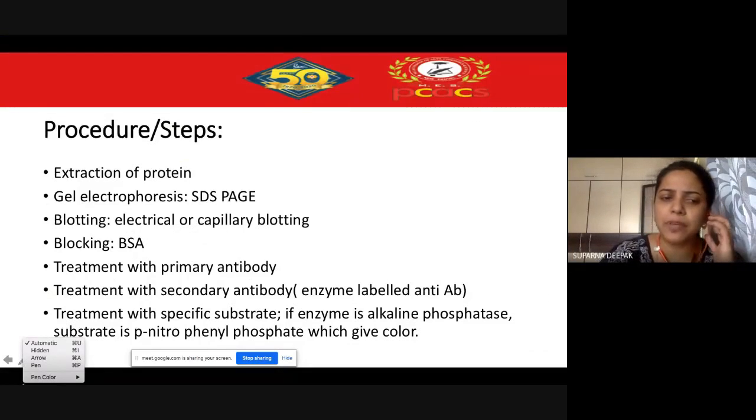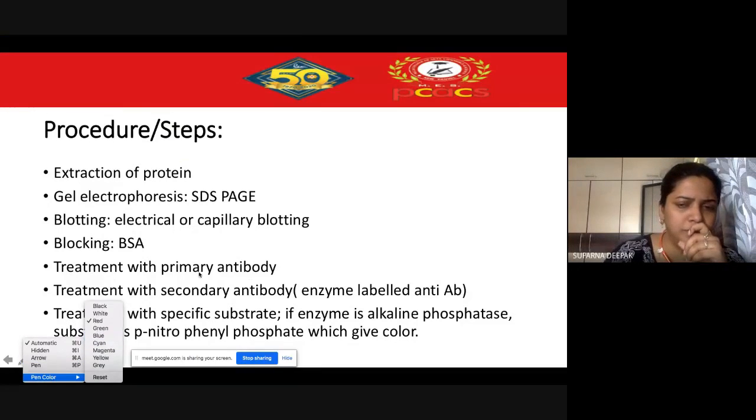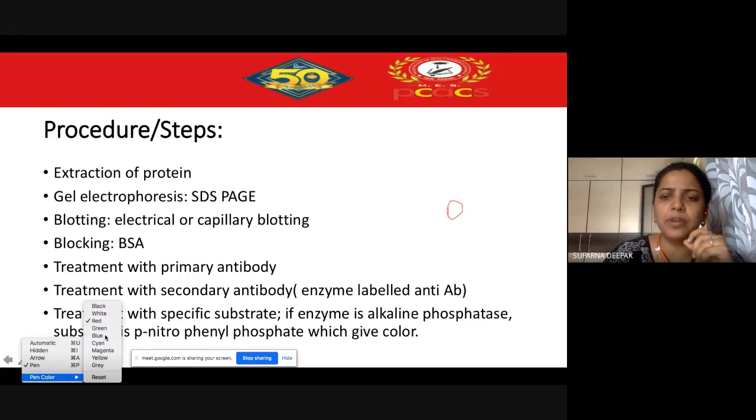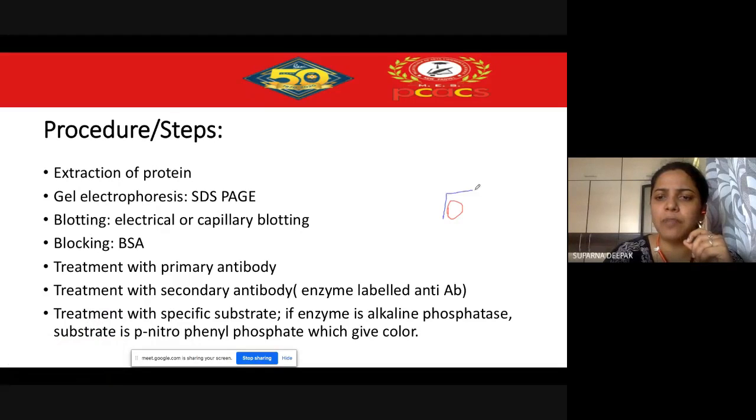See, what happens is, so this is a protein. Now when a primary antibody comes and binds, there would be only one primary antibody which will come and bind to this particular protein.